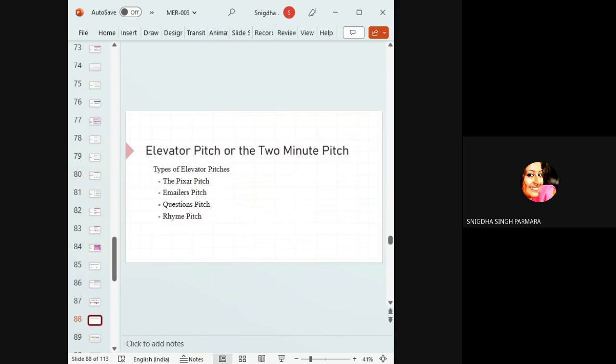The elevator pitch or the 2 minute pitch is the time that decides whether you are going to get the finances or not, whether the investor is going to be in your favor or not.